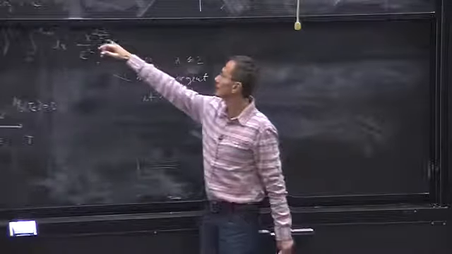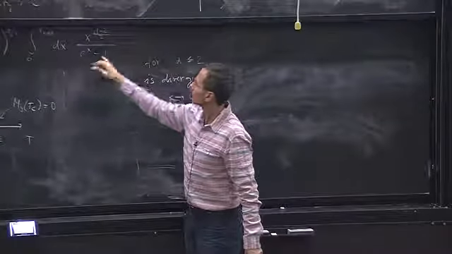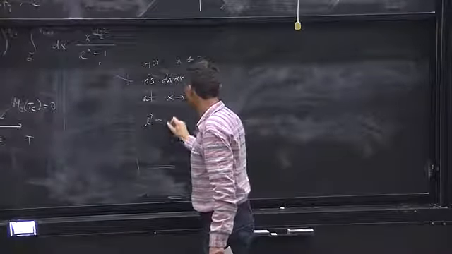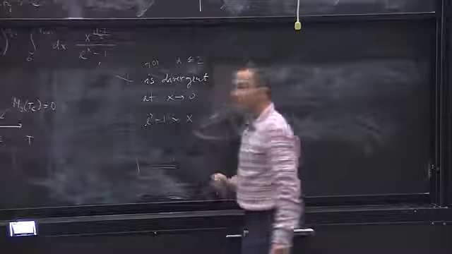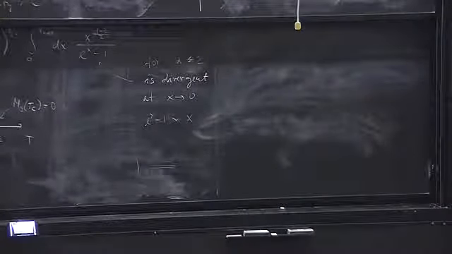For instance, when d is equal to 2, this numerator is 1, and e to the x minus 1 goes like x for small x. So this would be logarithmically divergent in 2 dimensions.